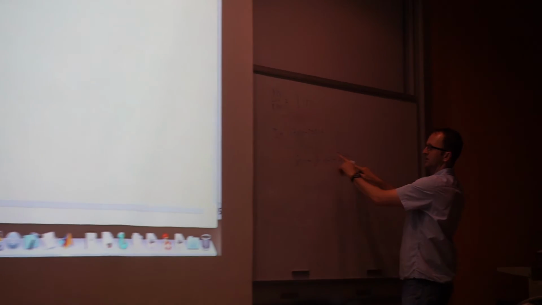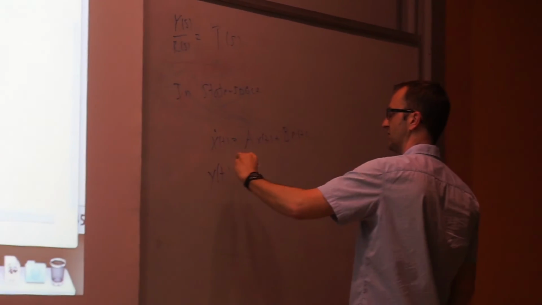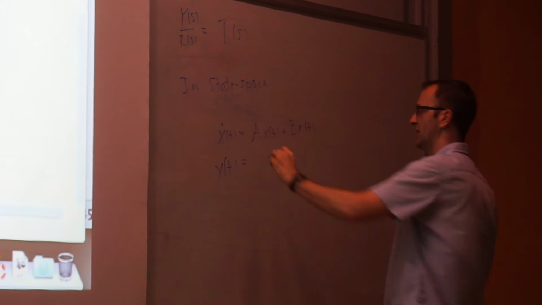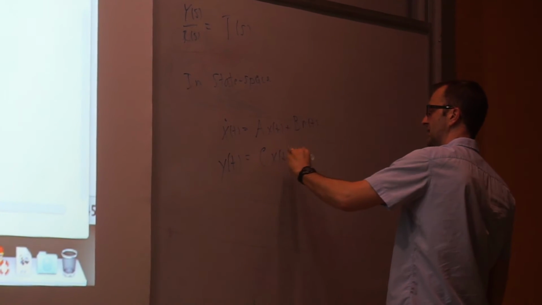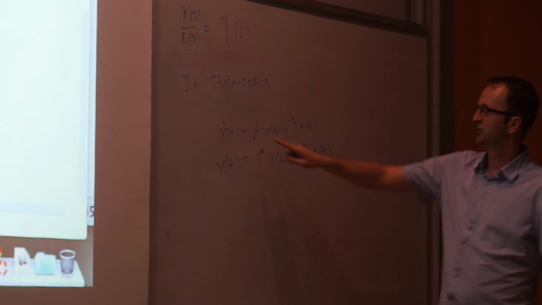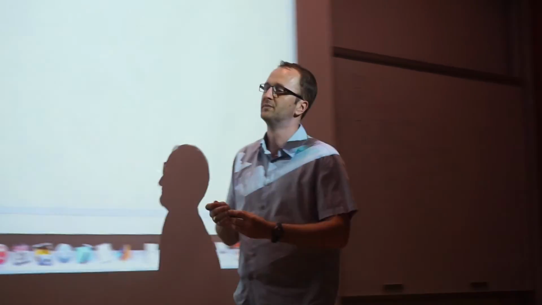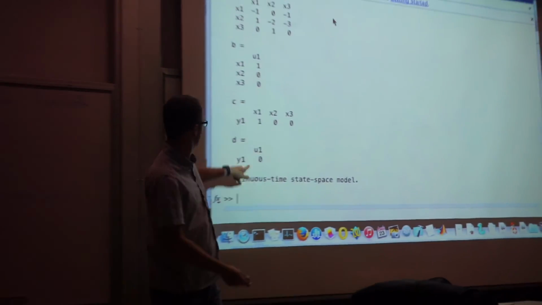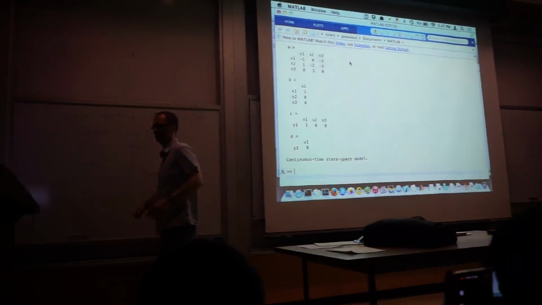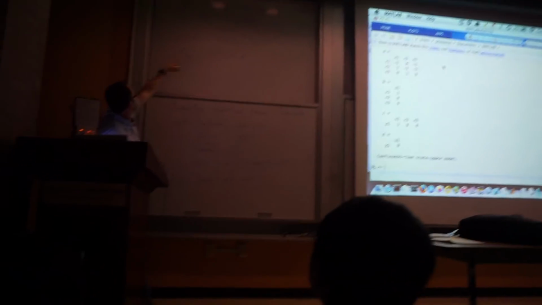I've got an input feeding into this system, and then I have my output. Instead of being y of s, it's y of t. So the time domain is equal to Cx of t plus Dr. So here's your A, B, C, and D matrix. And that's what we get right here. You can see D is just 0. It's a scalar quantity 0, which is often the case. So that is my second line.